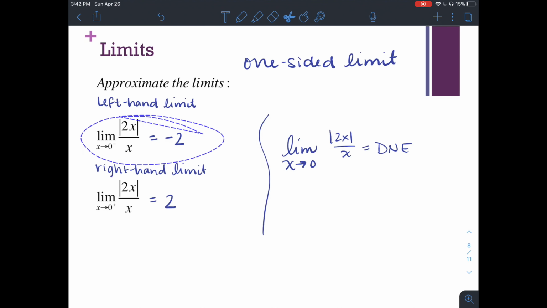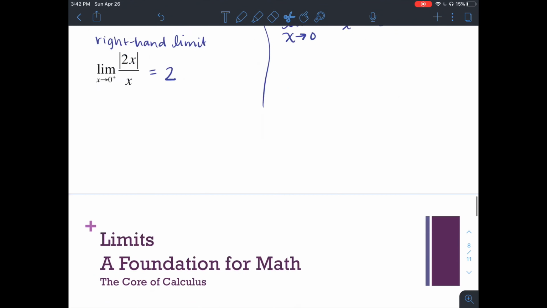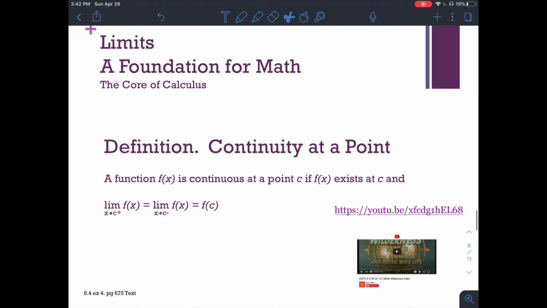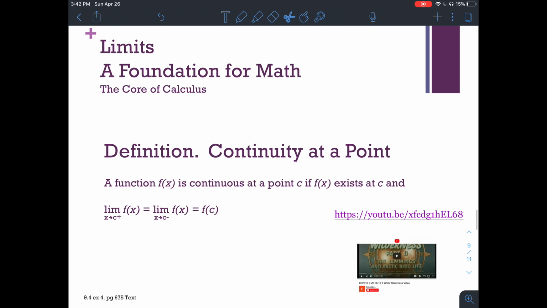But the individual single-sided limits do exist. And so that idea of the left-handed limit and the right-handed limit not equaling the same value, so the whole limit does not exist, is very much connected with continuity. And we'll talk more about continuity in our next meeting.